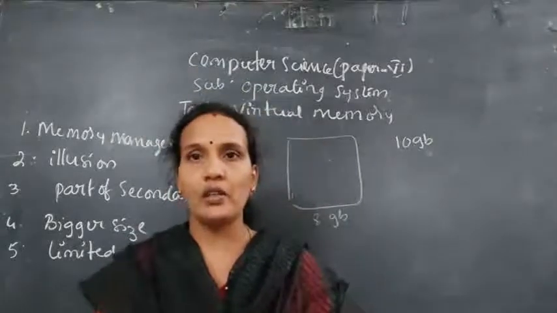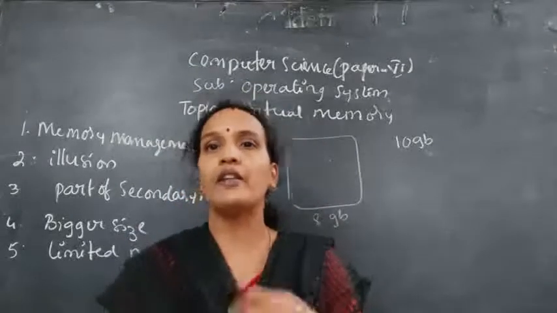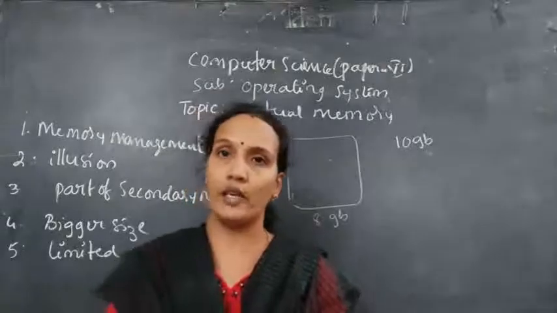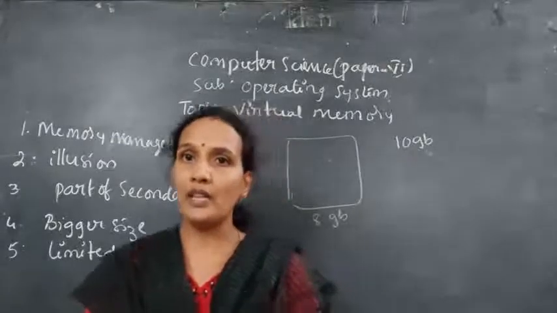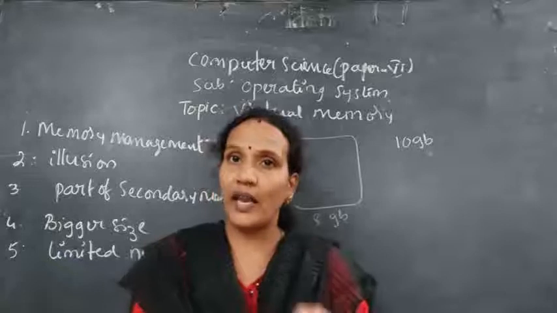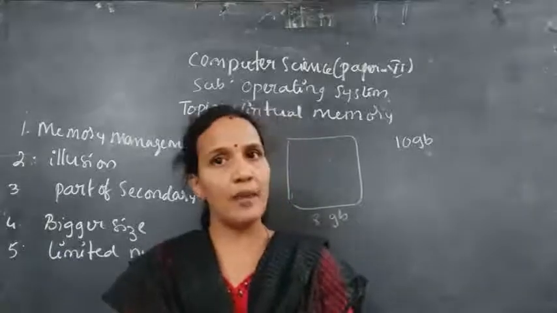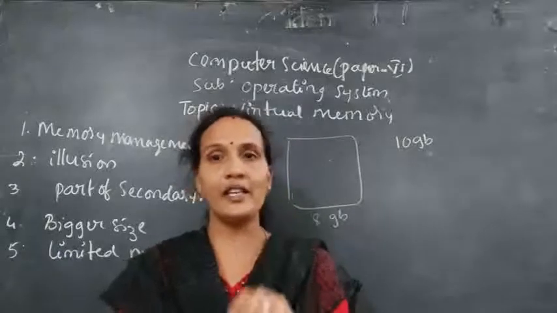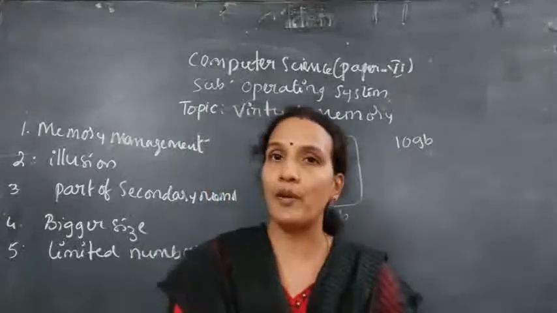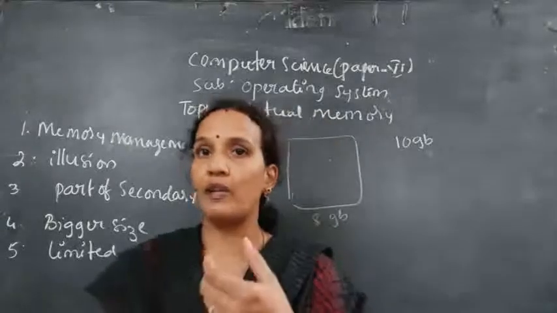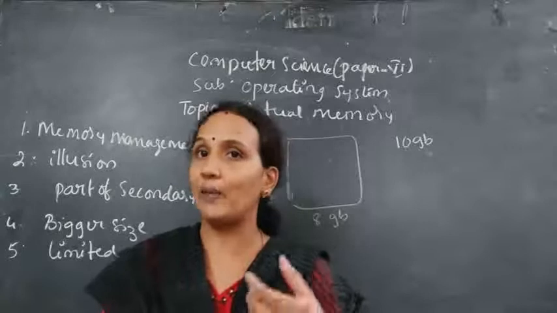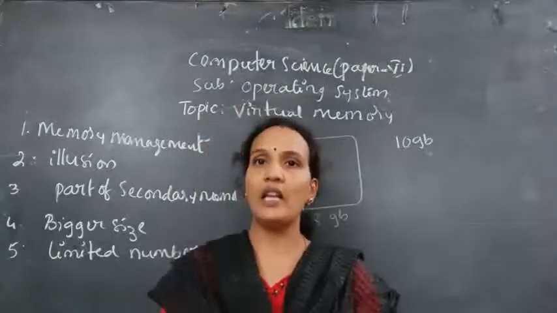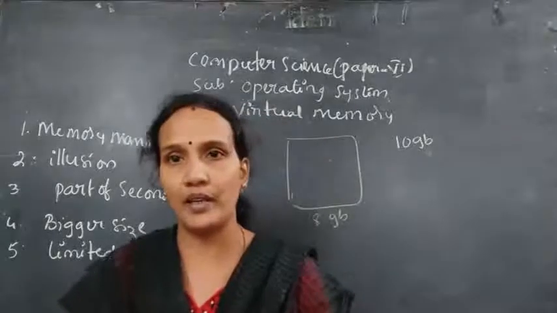Understood my point? Whenever the user wants to execute a program whose size is bigger than the actual main memory, the part of the secondary memory is used as main memory. Whatever part you are using as main memory from the secondary memory is called virtual memory.